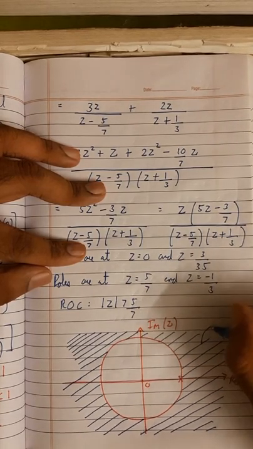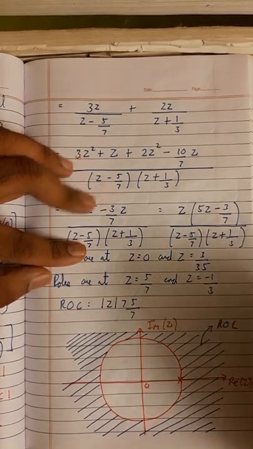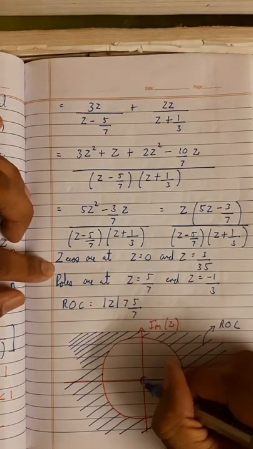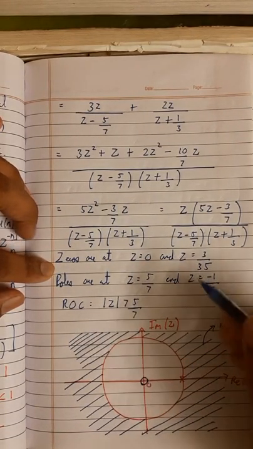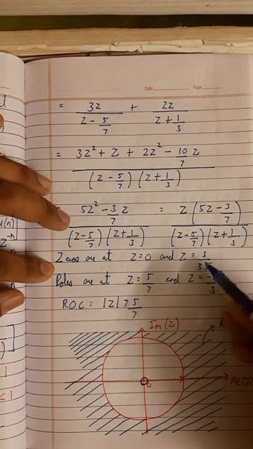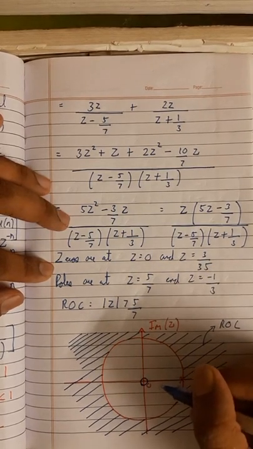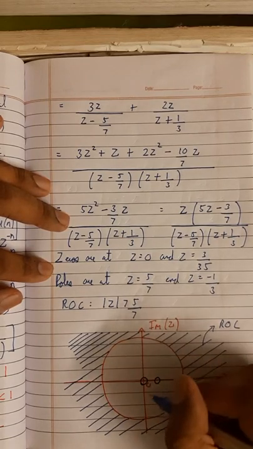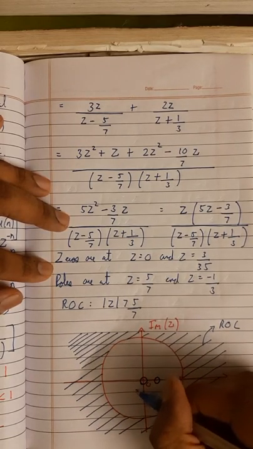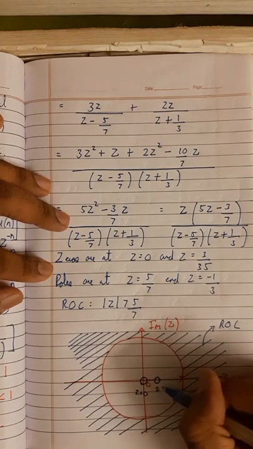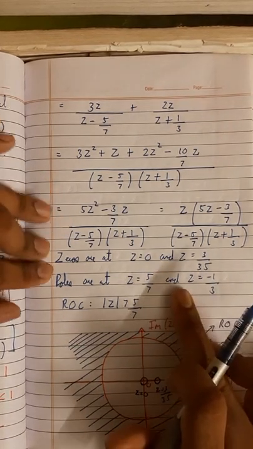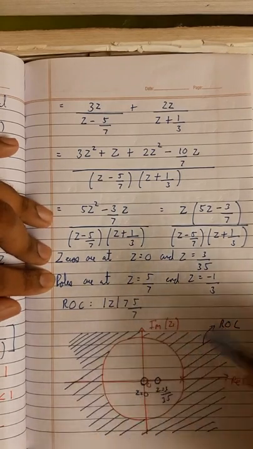Okay, and your zeros are here, and z is equal to 3 by 35. 3 by 35 is a very small value, right? I can mark this point somewhere over here. Okay, so this is z is equal to 0, this is z is equal to 3 by 35, and next, poles are at z is equal to 5 by 7.